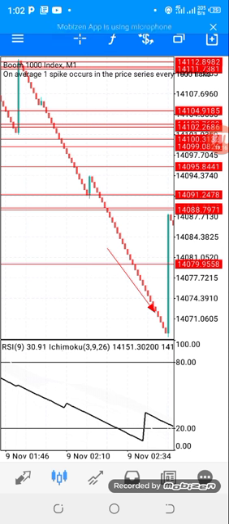It's an organic strategy that once you're able to master it, you can do away with anything. You can even use it to trade forex conveniently, but it is very, very accurate when you are using it to trade Boom and Crash.